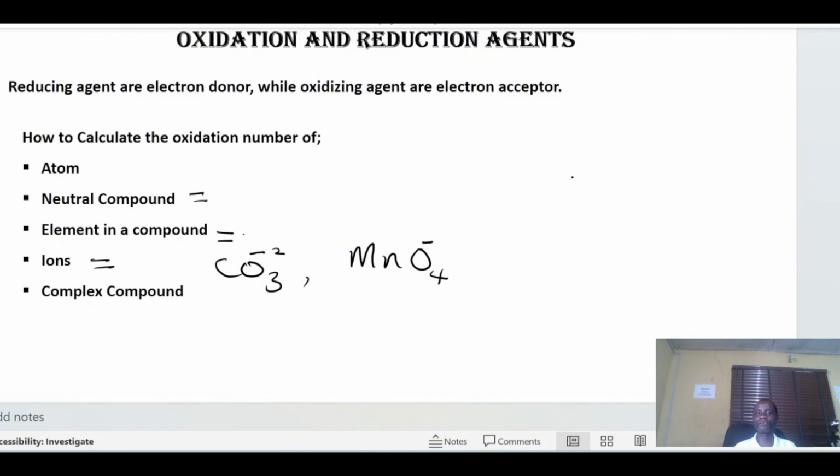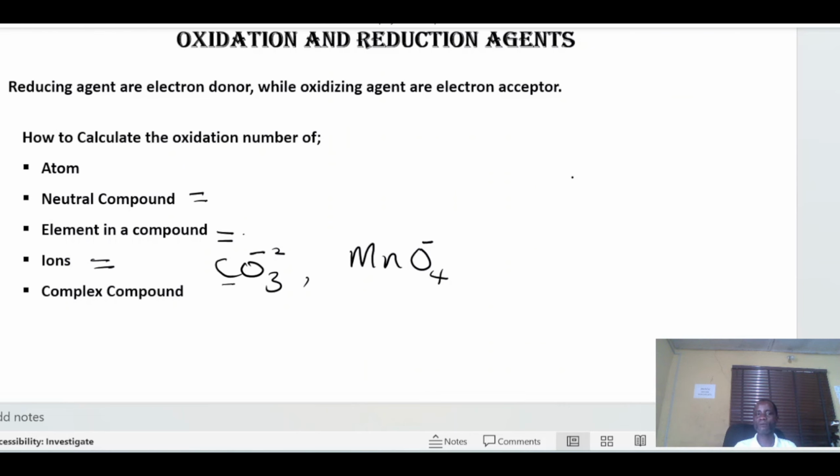Now, their oxidation number: the oxidation number of an ion equal to the charge on the ion. For example, the oxidation number of carbonate here is minus 2. Permanganate is what? Minus 1. But in terms of looking for the oxidation number of each atom in a given ion, how do you do that? You equate the sum of the oxidation numbers to the charge.